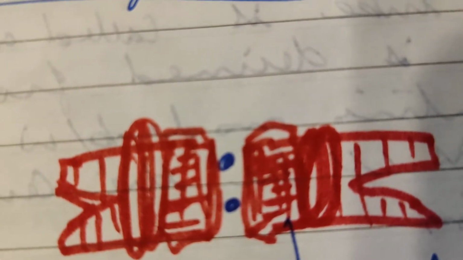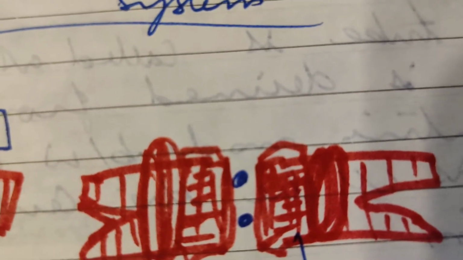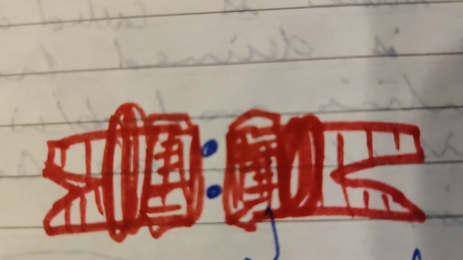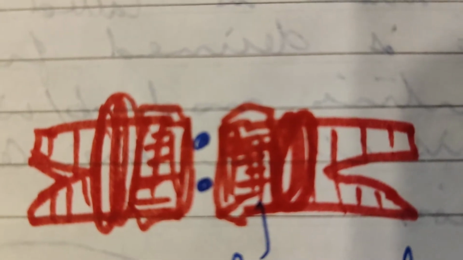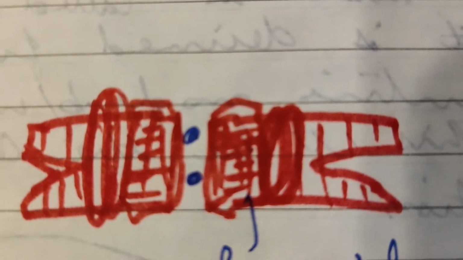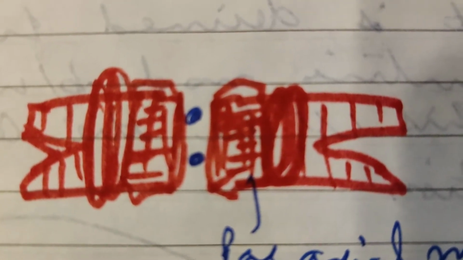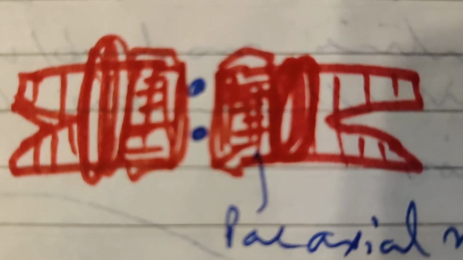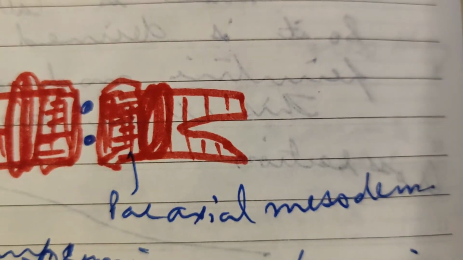During the third week in the intraembryonic mesoderm, in its outer part, a small cavity is formed, and the medialmost mesoderm is influenced by the neural tube or notochord to proliferate a lot, and then this thickened mass is formed which is called the paraxial mesoderm.